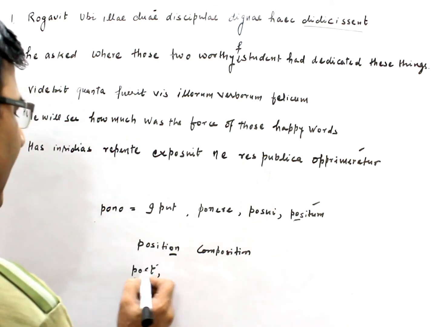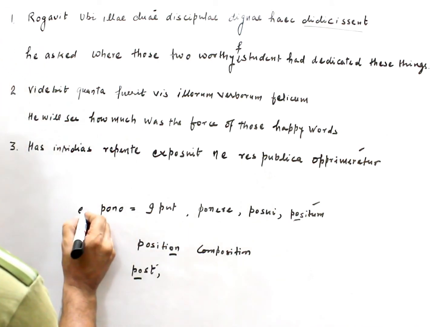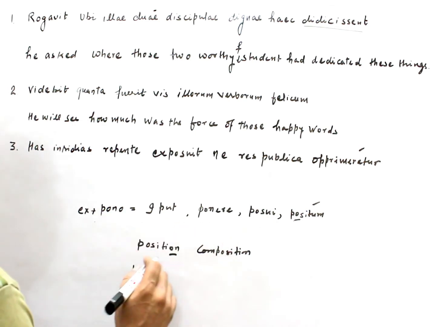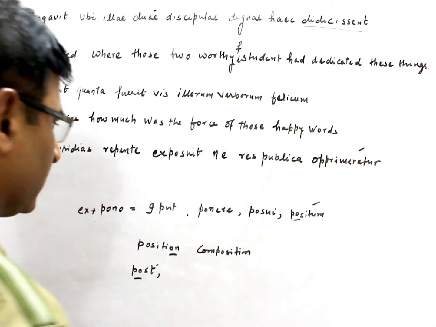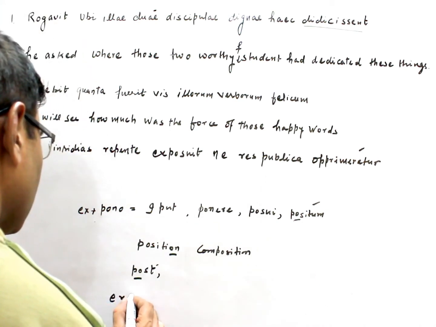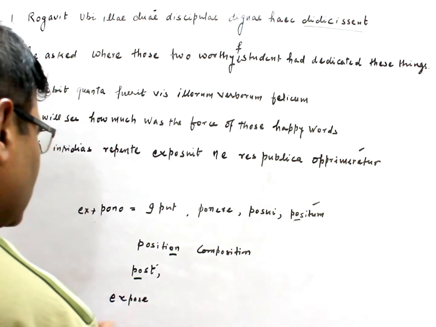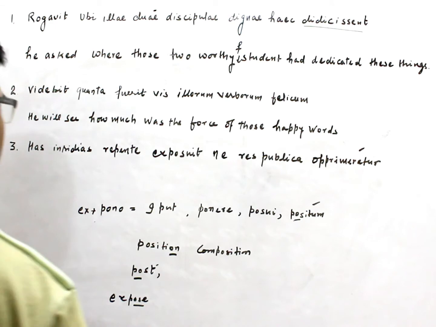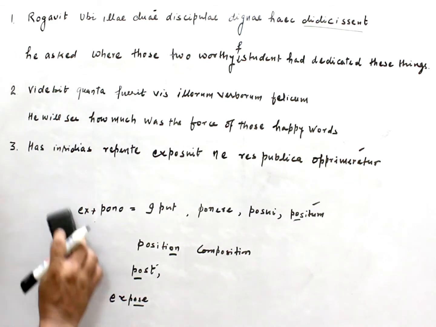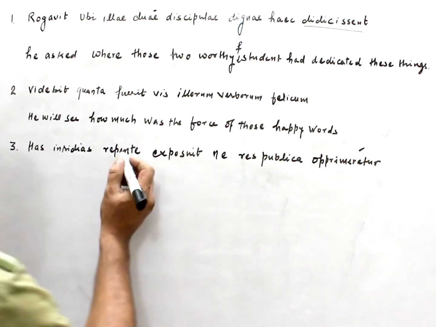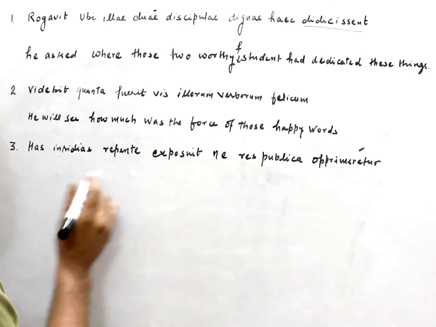And if I add here ex, ex means out, put out, or put out means open, expose. So this is also expose. Pose is again put, so put out. Here, repente suddenly he exposed.